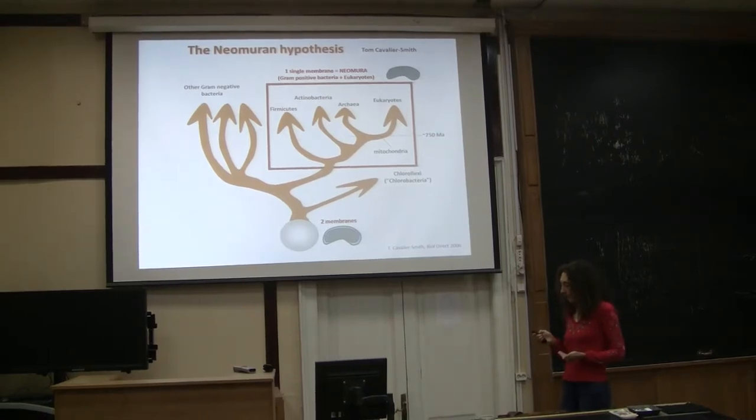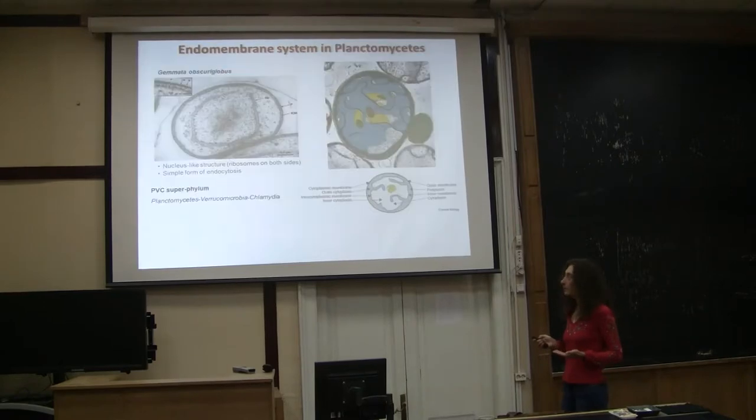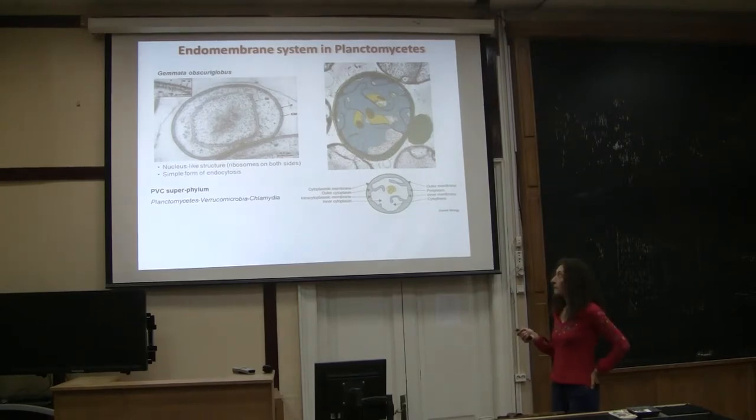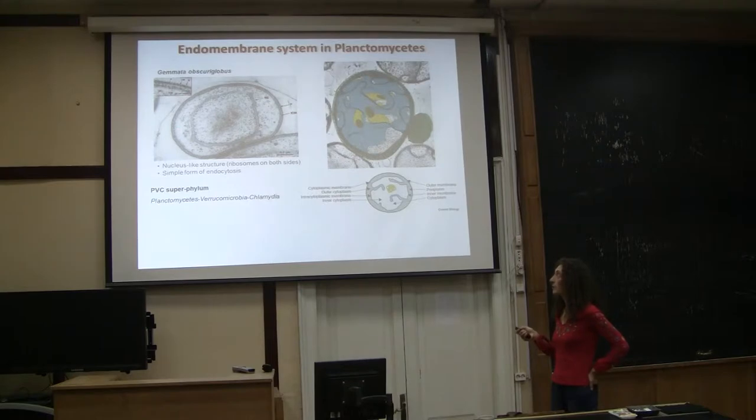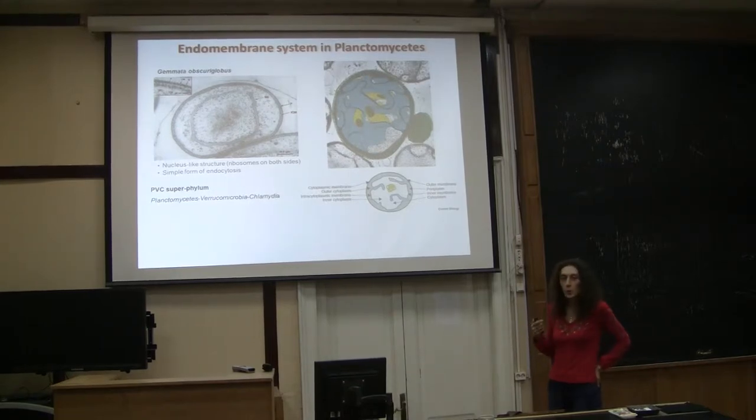Now the idea that eukaryotes derive from within bacteria has been proposed independently based on the presence of endomembrane systems. So there is a series of models that propose that eukaryotes derive from particular types of bacteria, called, in particular, the planctomycetes, because some of them develop endomembrane systems, some of them defining, such as Gemmata obscuriglobus, a region that looks like a nucleus.